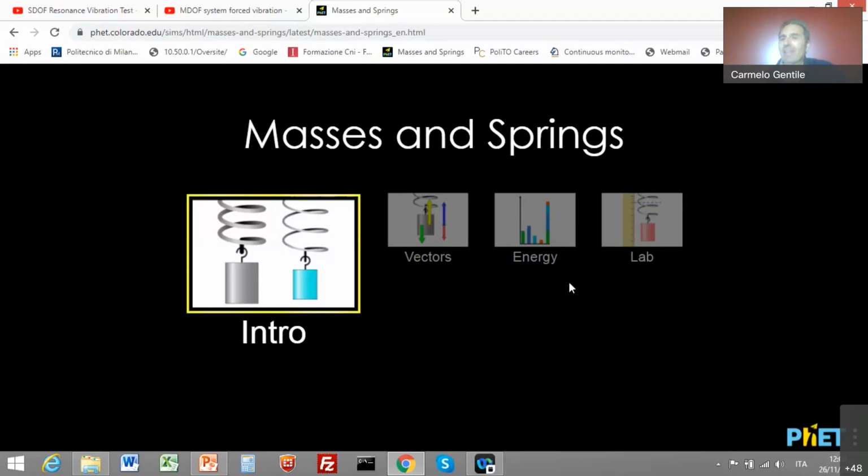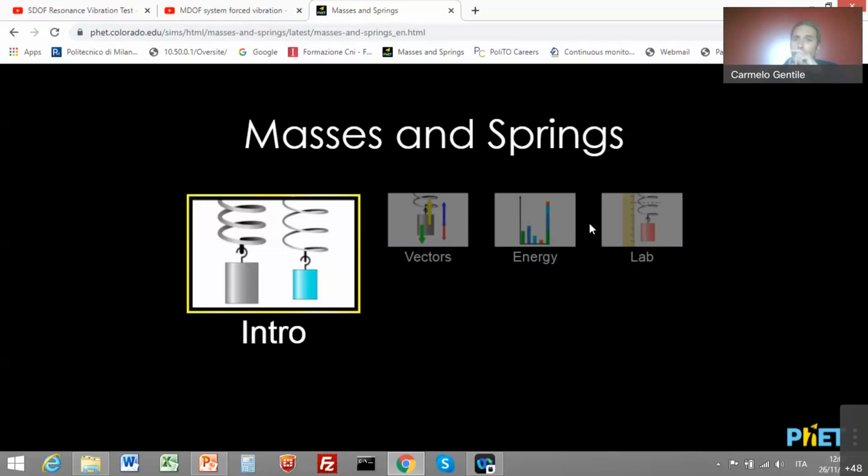And in addition, we have seen that if we are dealing with systems that are more complex than a simple mass which is connected to the ground by a spring, we have the possibility of having several resonances.